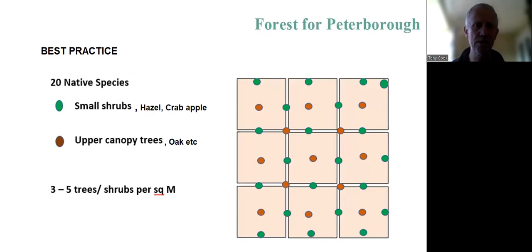But if you notice that there's lots of little green dots in there as well. And so these are our smaller shrubs. And the reason we plant lots of smaller shrubs around them is to create these complex habitats. So we want lots of understory, lots of smaller shrubs growing underneath our trees.